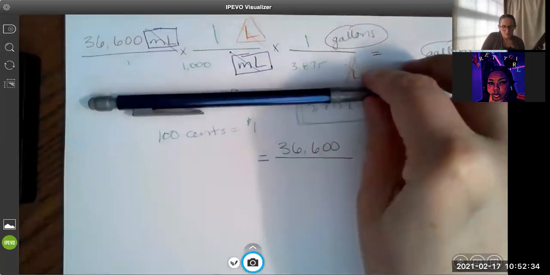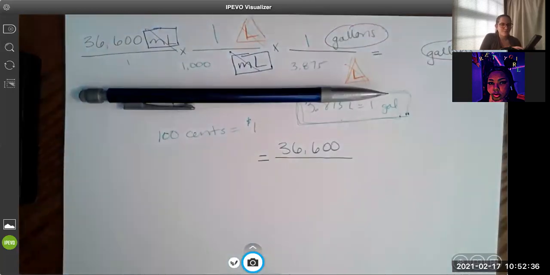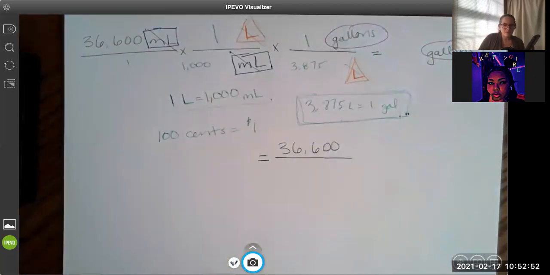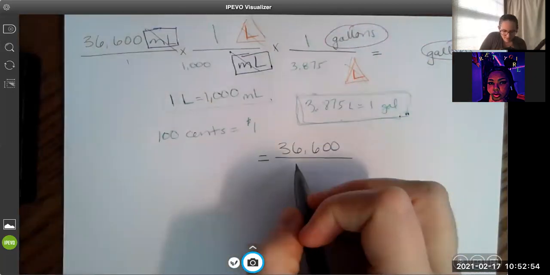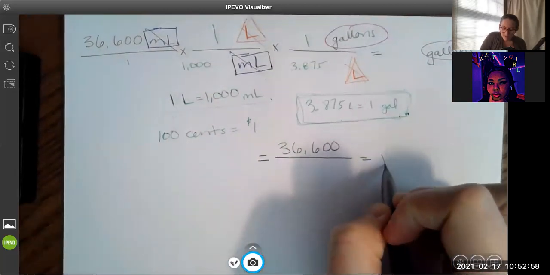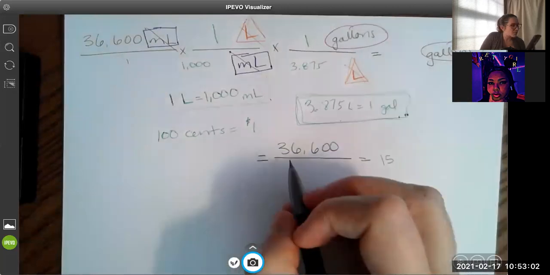What are your numbers on the bottom of that fraction? 1,000. 3.875. Sounds good. I got 15,015.625. I don't know if that's right.